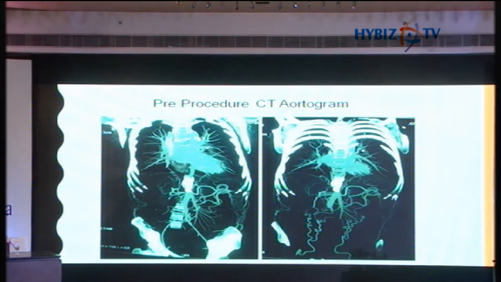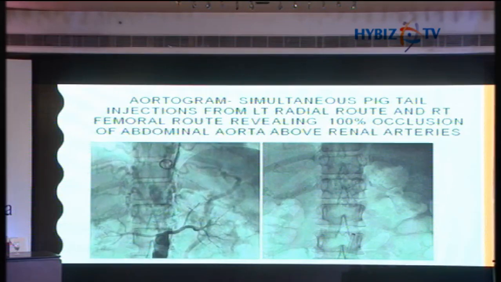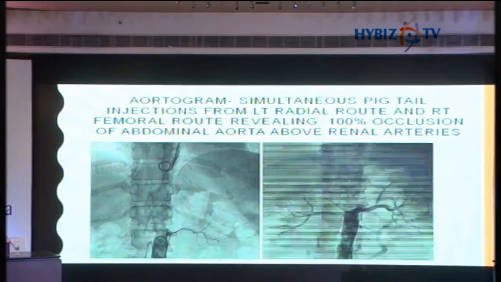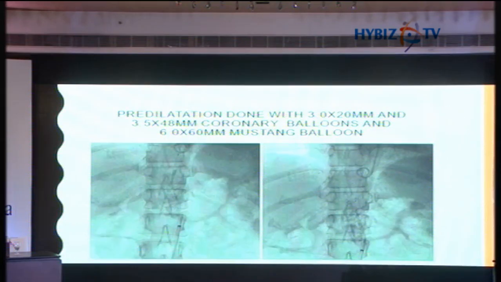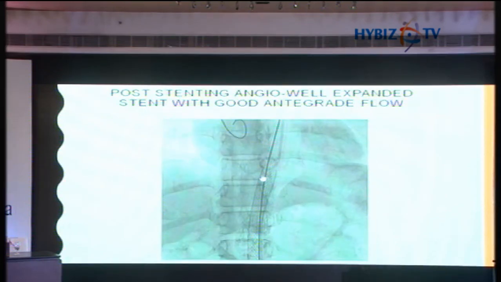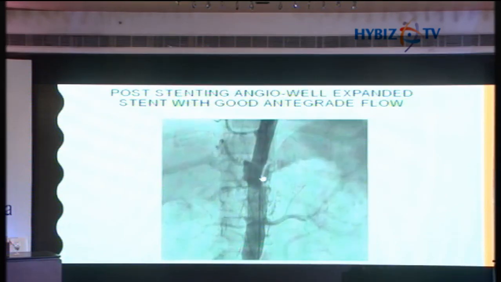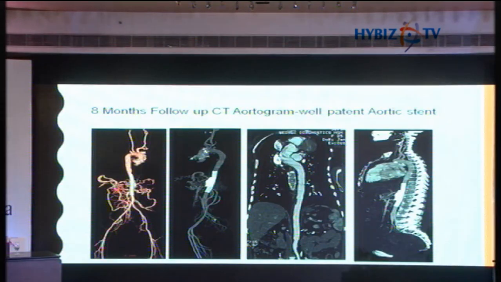After controlling inflammation, you can see the calcification also. This is the long segment total occlusion of the aorta just above the renal arteries, and this is the dilatation of the totally occluded segment. We kept 2 wires before implanting to protect the renal arteries, and these are post stenting views. This is a follow-up CT angio. You can see a nicely patent aortic stent.